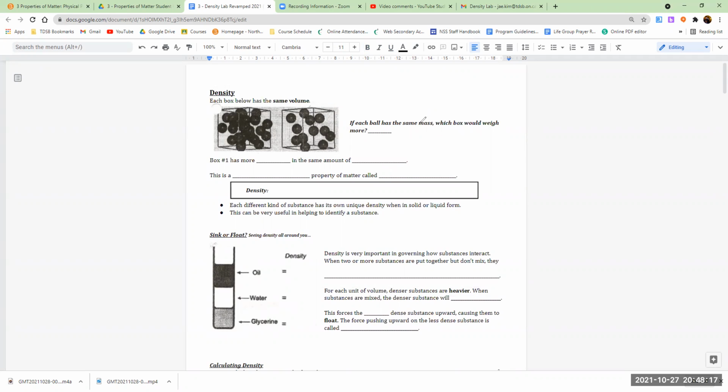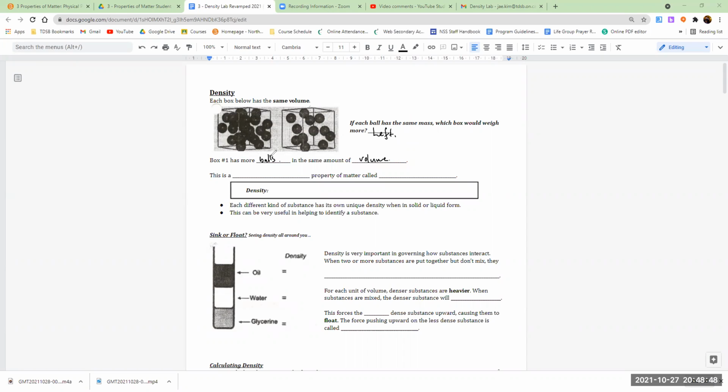If each ball had the same mass, right, which box would weigh more? So clearly, you have the same 3D space, but inside it, there are more balls. So it's clear to say the left one is going to weigh more because there are more balls in it, right? Box one has more balls in the same amount of space or volume.